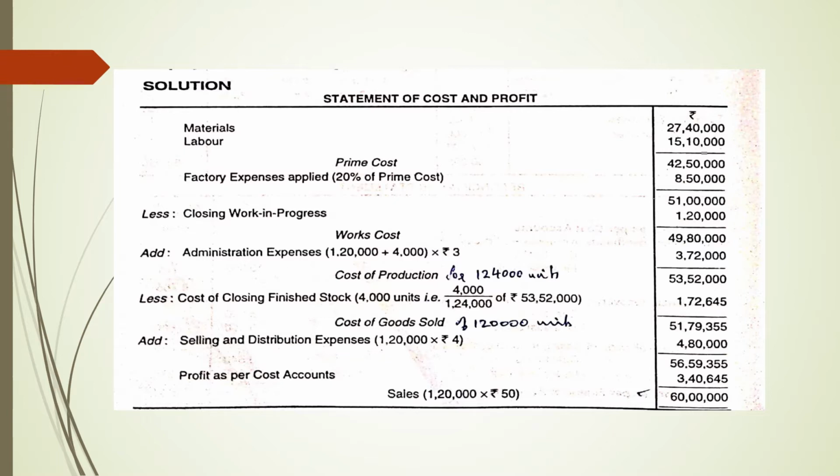Then to find the work cost, we have to add factory expenses to prime cost. I already explained how to calculate the factory expenses from prime cost. Prime cost becomes 42 lakh 50,000.